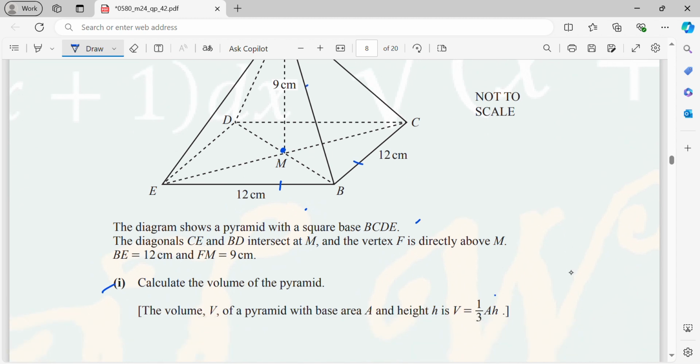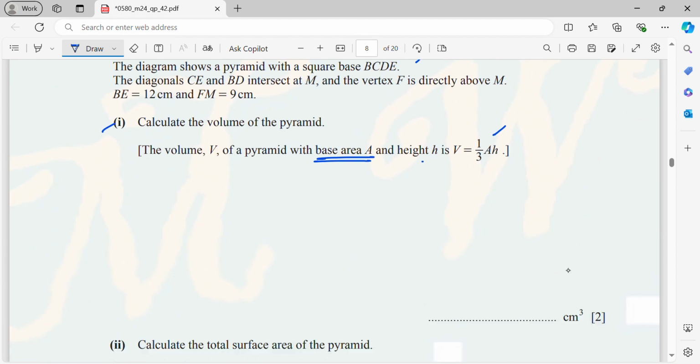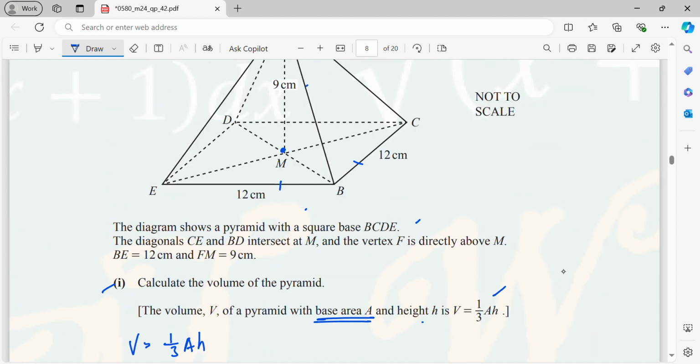So, the formula is V equals 1 over 3 AH. A is the base area and H is the height. So basically, V is 1 over 3 AH. It will be 1 over 3 because the base is a square base, right?